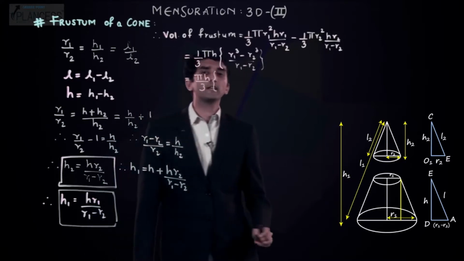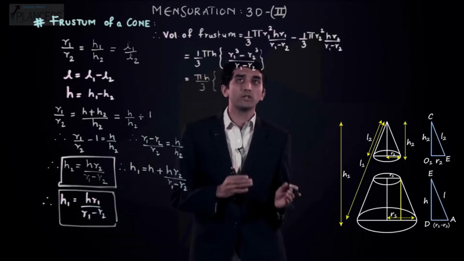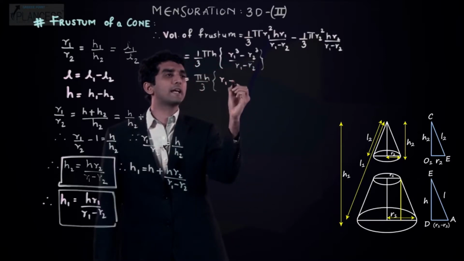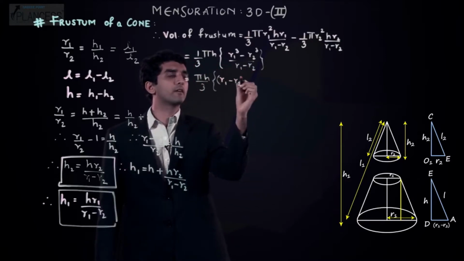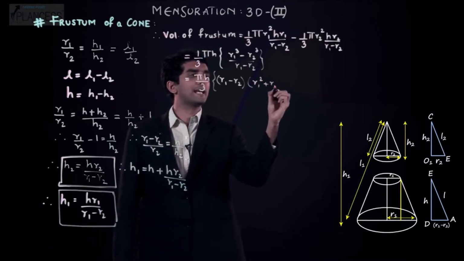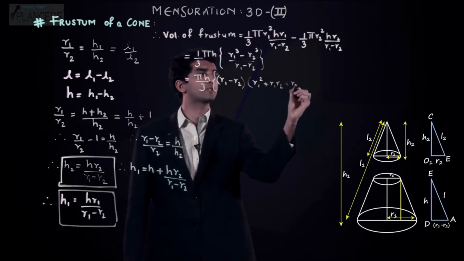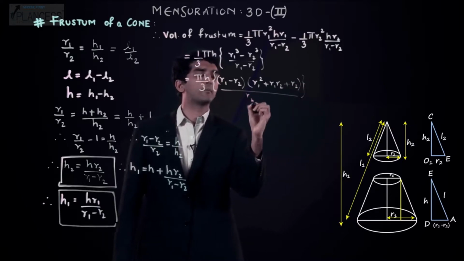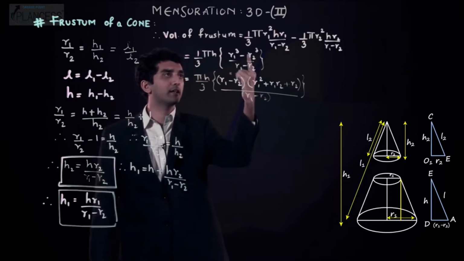Now in the numerator we have a cube minus b cube. So r1 cube minus r2 cube can be written as a minus b into a square plus ab plus b square upon r1 minus r2.